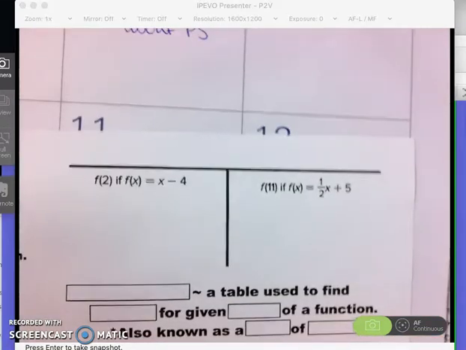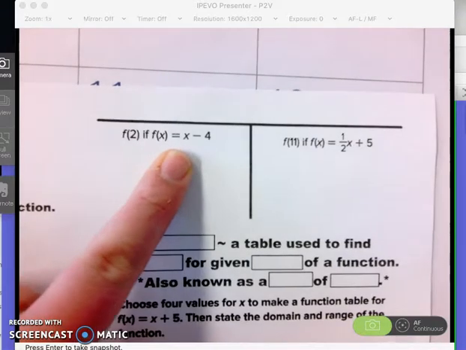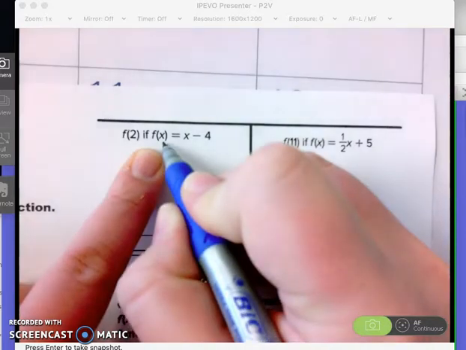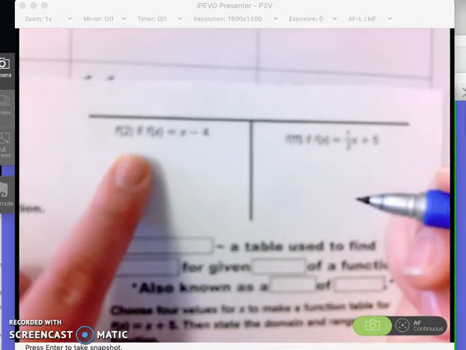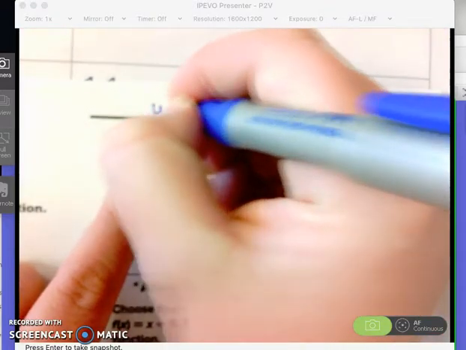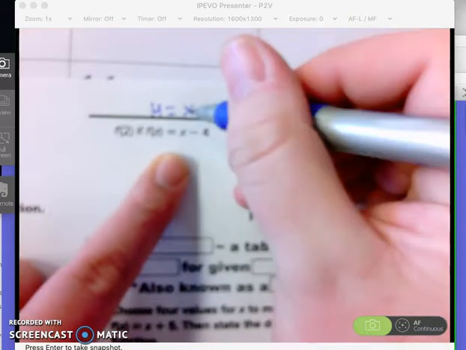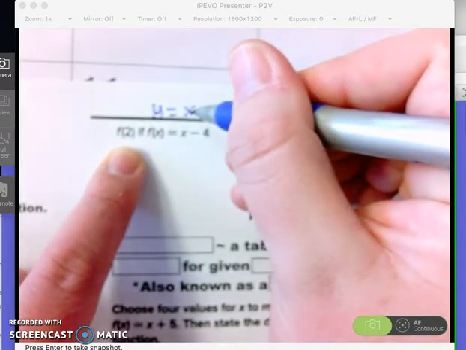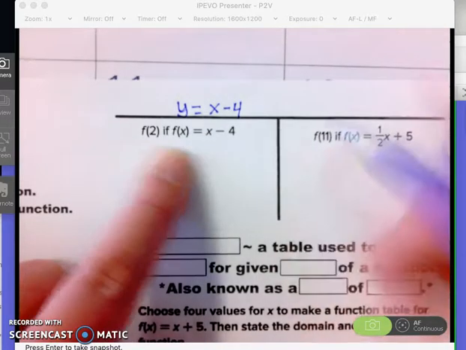Our next example, f of 2 if f of x is equal to x minus 4. Again, this f of x here is pretty much y. I don't want you to replace it with y, but if you think of it as y equals x minus 4, you are replacing the x with 2 and then solving.